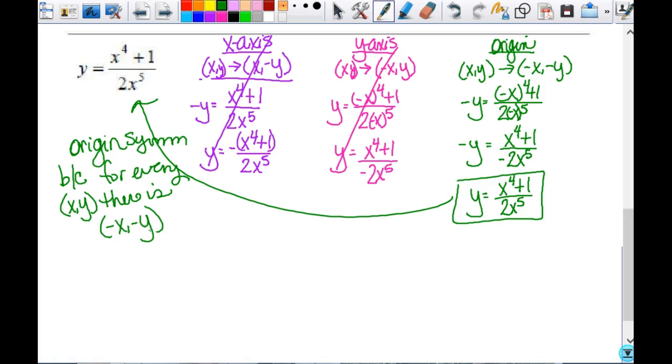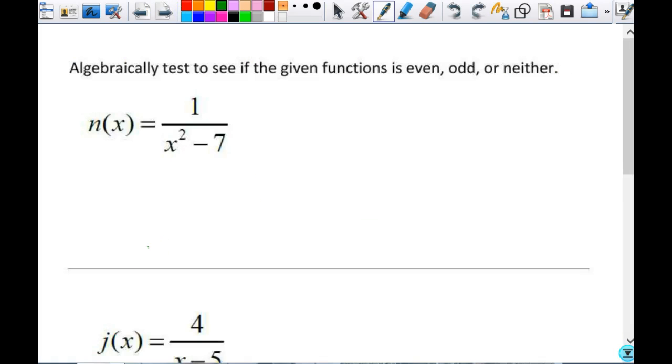The next page is going to be even and odd. So it says algebraically test to see if the given function is even, odd, or neither. So remember for this, we're not making any assumptions ahead of time. What we do is we find f of negative x, well in this case n of negative x, and see how that works.